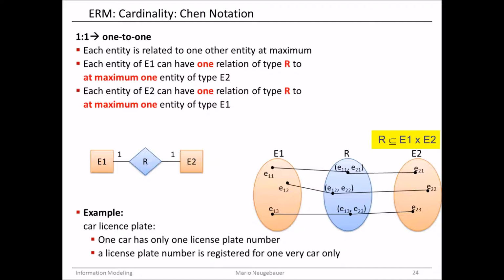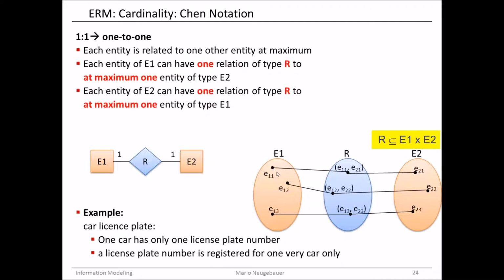If you want to write up such a situation that an entity from one entity set is allowed to have only one connection to another entity from another entity set, and this other entity should also have at most one connection to an entity from the first entity set, then you have a one-to-one cardinality.